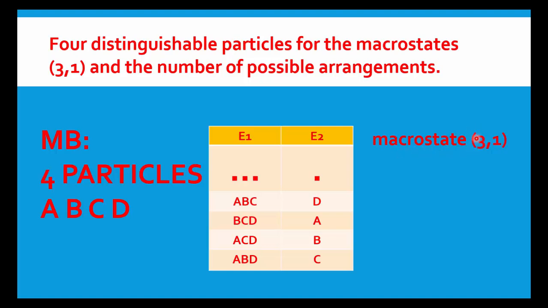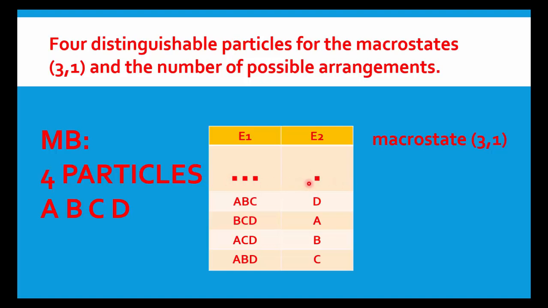When they say macrostate 3, 1, the bracket gives you an idea that you have 2 cells or 2 energy levels. In the first energy level you have 3 particles. You cannot change this. The number of particles in the second energy level is fixed, that should be 1. So this definition will not change.